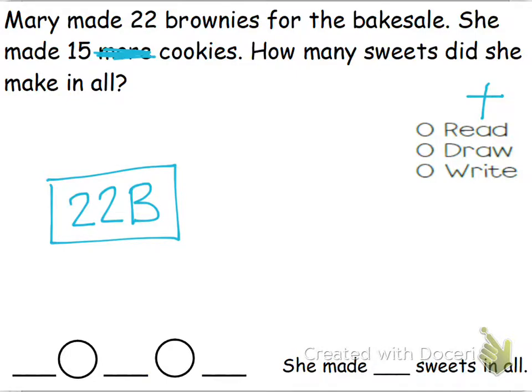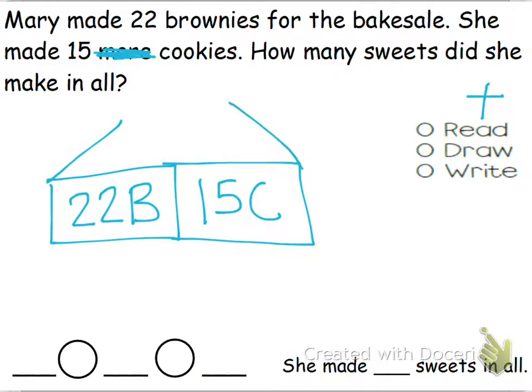So, what is 15? A part or our whole? It is a part, so we know it's 15 cookies. How many sweets did she make in all? Well, do we know how many? Nope, we don't know how many. So we don't know how many sweets she made in all just yet.